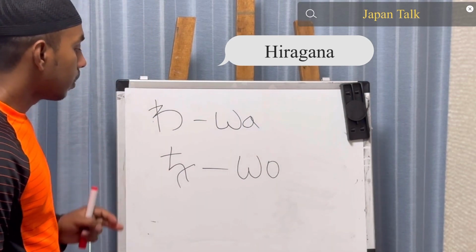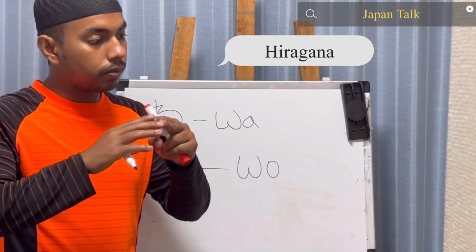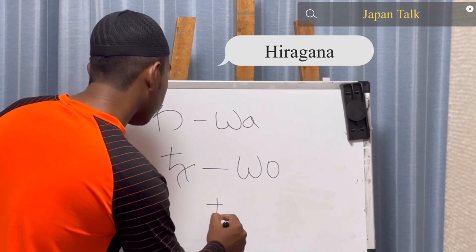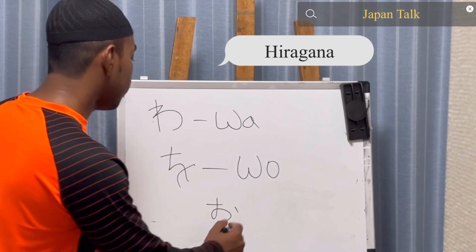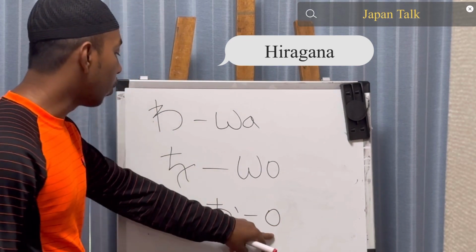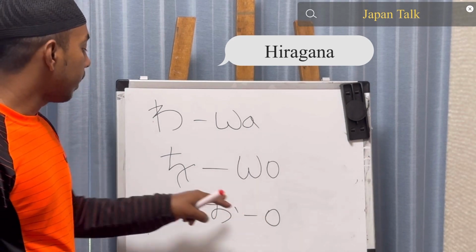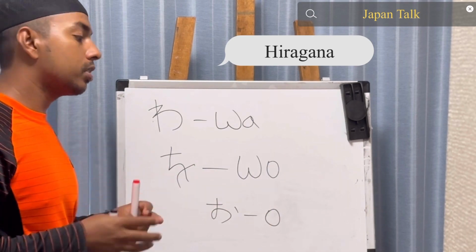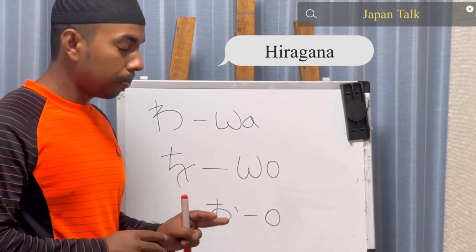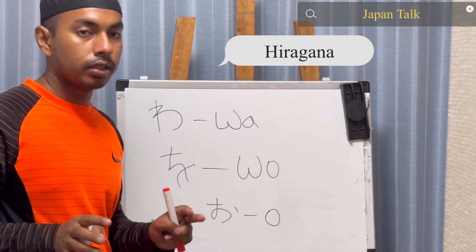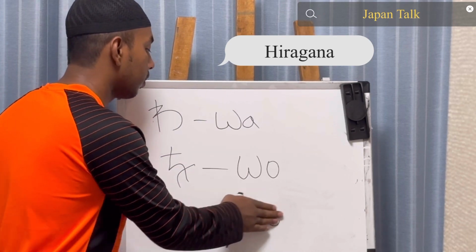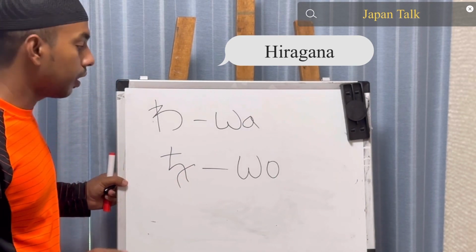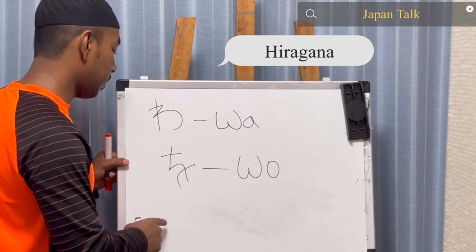In the first 5 alphabets we learned o like this, right? But this reading is only o, and this reading is wo. The pronunciations are totally similar, but their uses are different. We will learn about this later when we learn grammar and vocabulary. Then I will clear this up later.